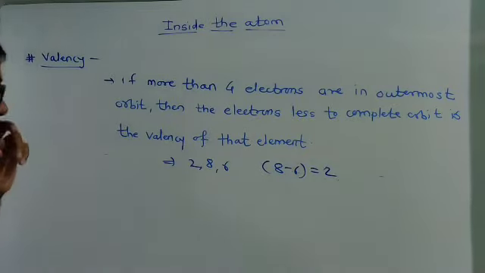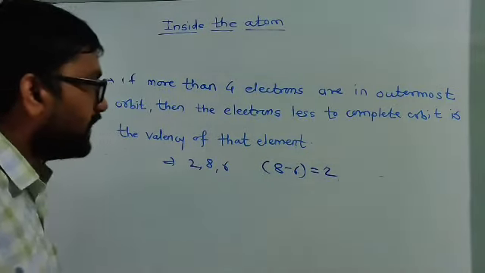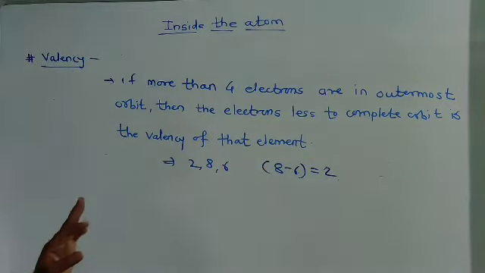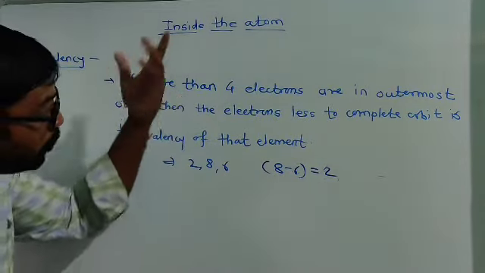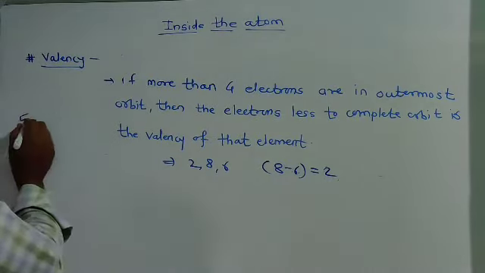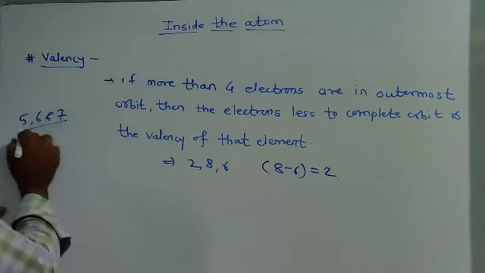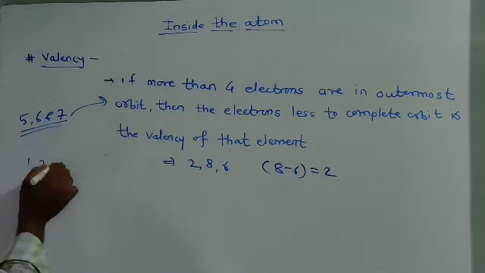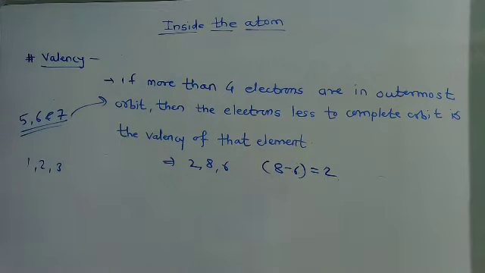In this way we just take 8 minus the outermost electrons, and we get the valency of the element. But we use this rule when it has more than 4 electrons in the outermost shell, that is 5, 6 or 7. Now, if an element has 1, 2 or 3 electrons in the outermost shell, what happens?